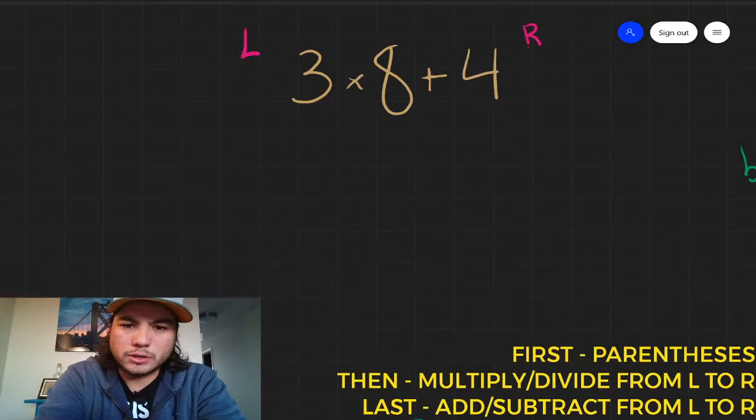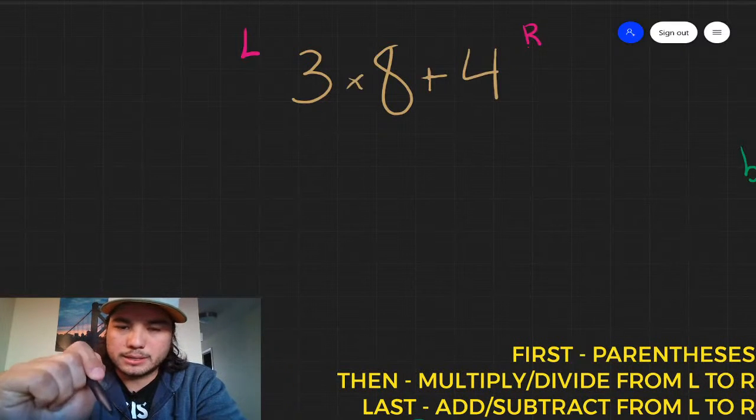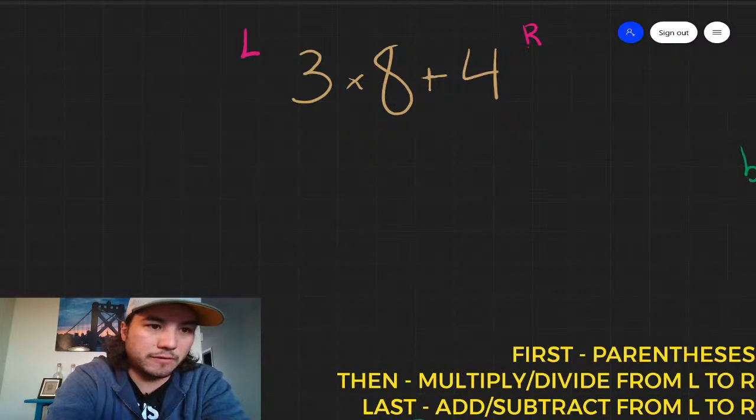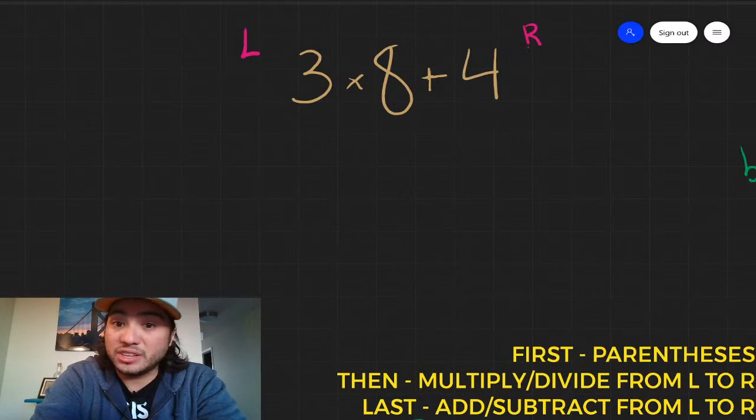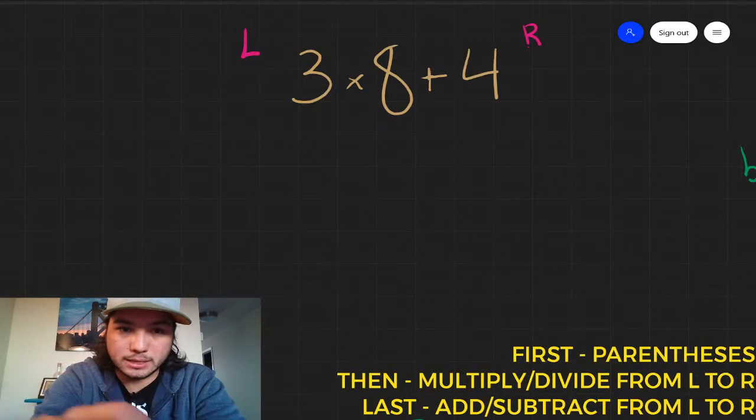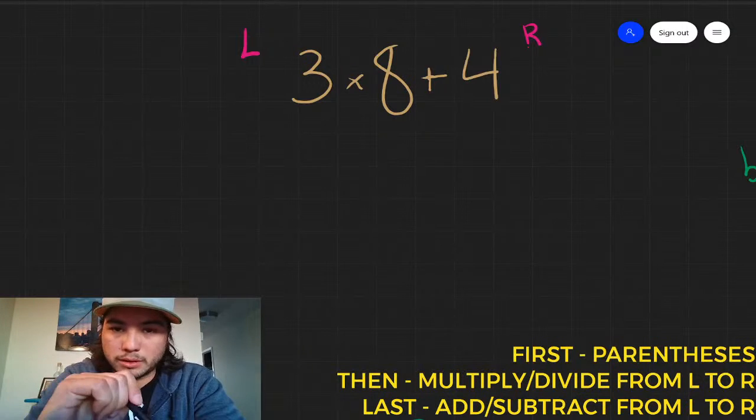So our first operation we're going to do is 3 times 8. So let's go ahead and simplify that. What is 3 times 8? And we're going to write our simplified expression directly below our example expression. So 3 times 8 would be, anybody?